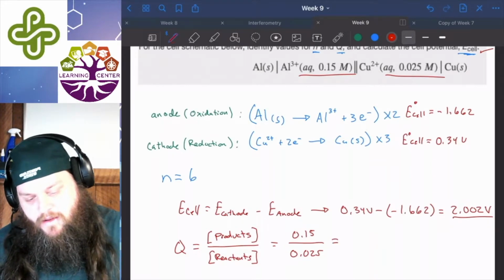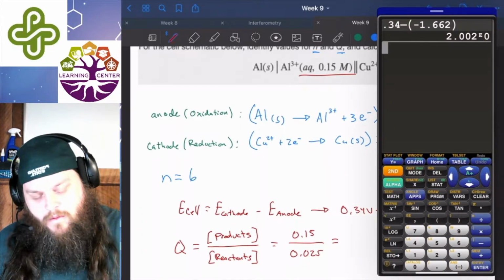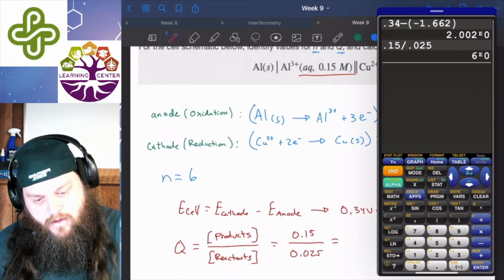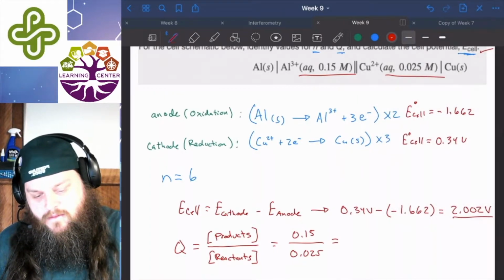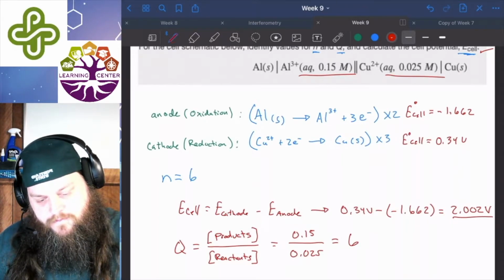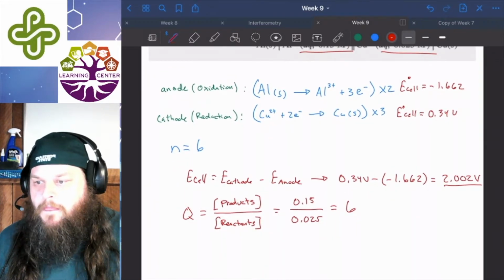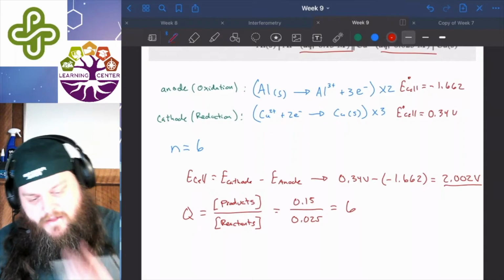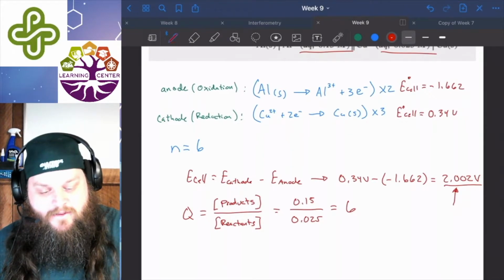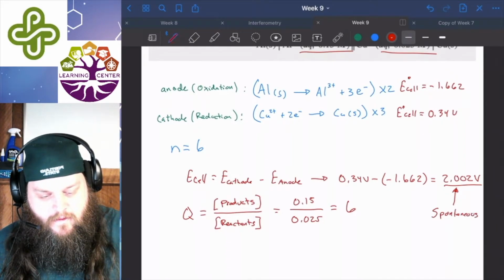So that's our Q value, which is 0.15 divided by 0.025, which is equal to 6. We can see, based on this positive voltage, that it will be a spontaneous reaction.